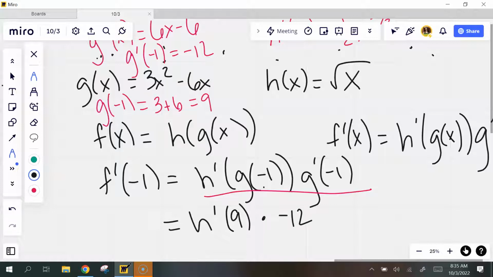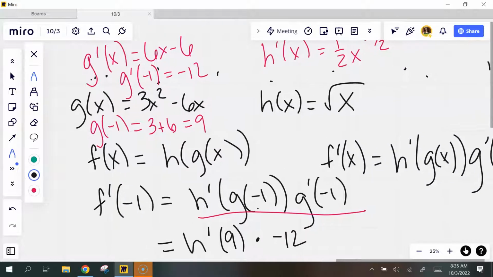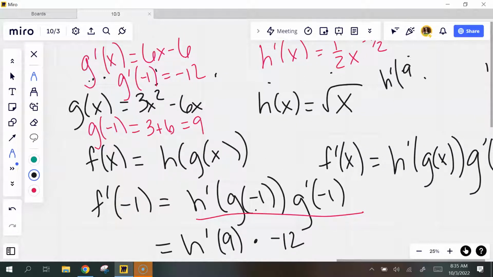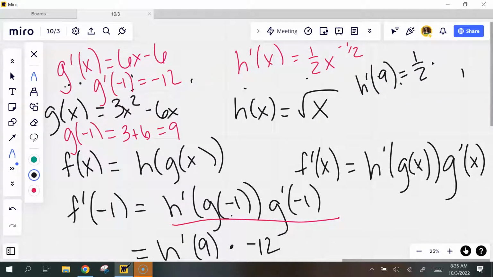Now I need h prime of 9. 1/2 times 9 to the negative 1/2. 9 to the negative 1/2 is 1 over the square root of 9, so it's 1/3.